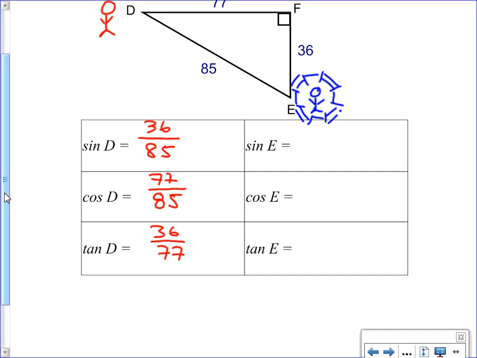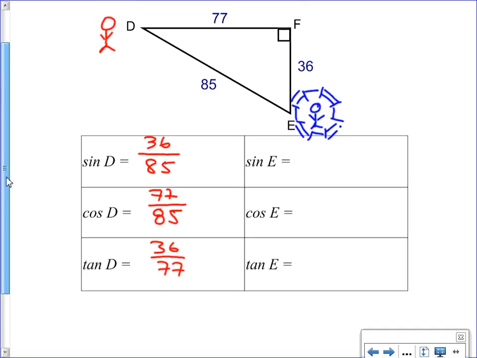From Peter's perspective, his sine is going to be 77 over 85. The other 77 over 85 was the cosine of D. So depending on the perspective, you're going to get the same numbers for different ratios.